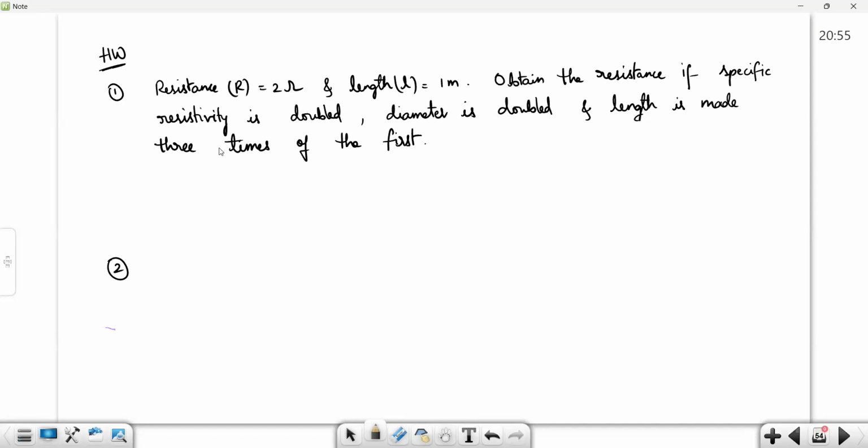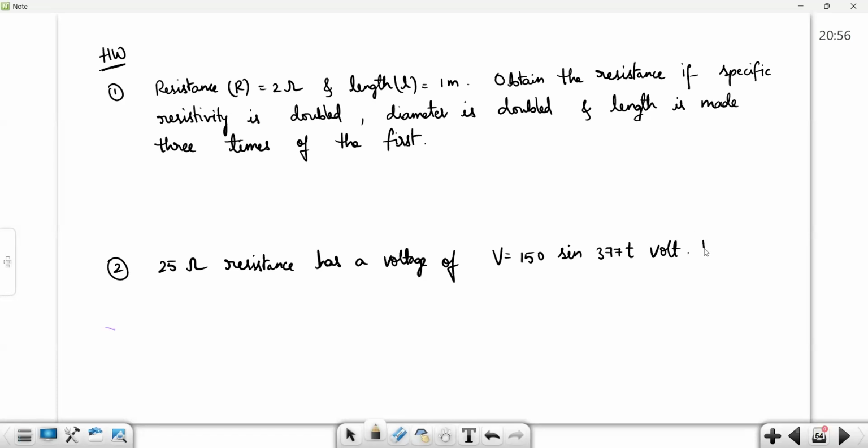Fine. And one more is: a 25 ohm resistance has voltage of V is equal to 150 sine 377 t volt.